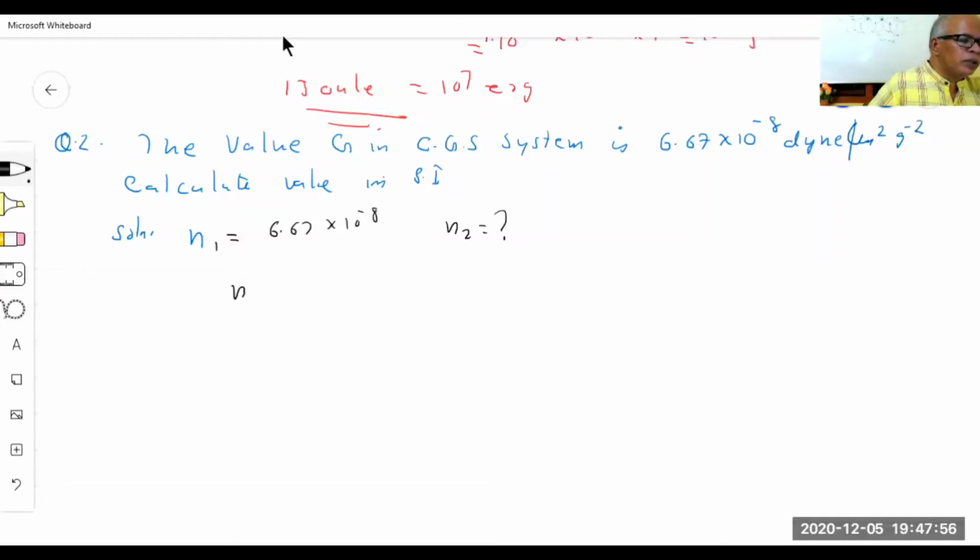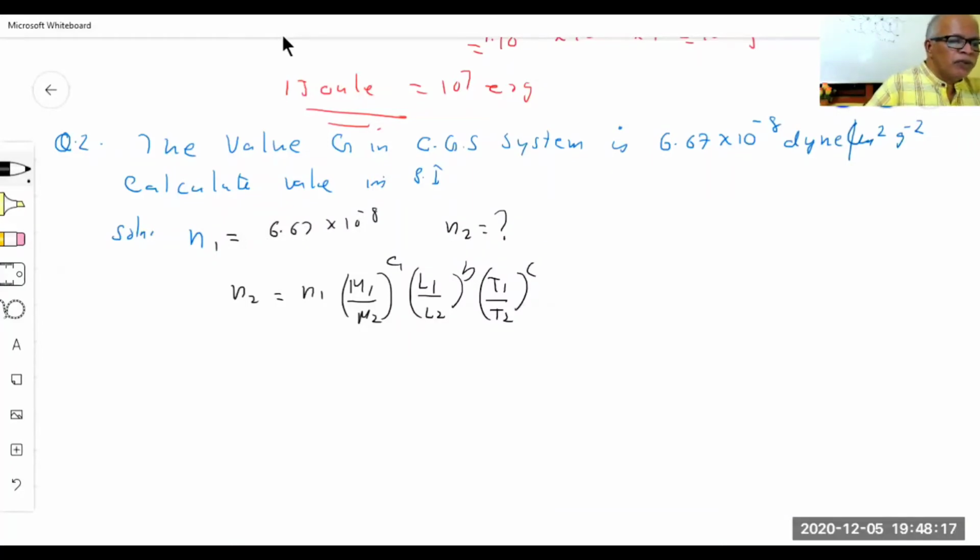N2 is equal to N1 into M1 by M2 raised to A, L1 by L2 raised to B, and T1 by T2 raised to C. So what is the gravitational constant? G is equal to F R square divided by M1 M2.